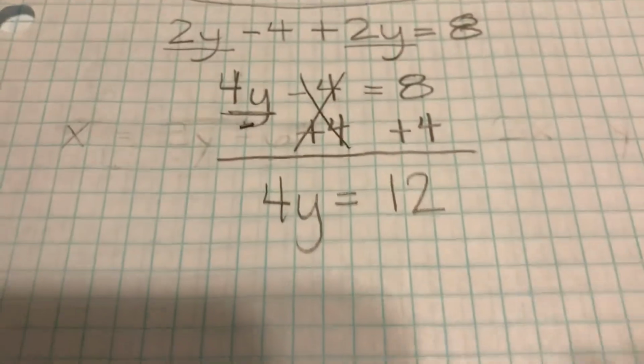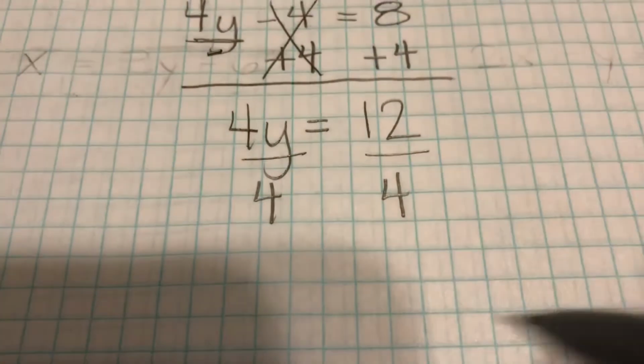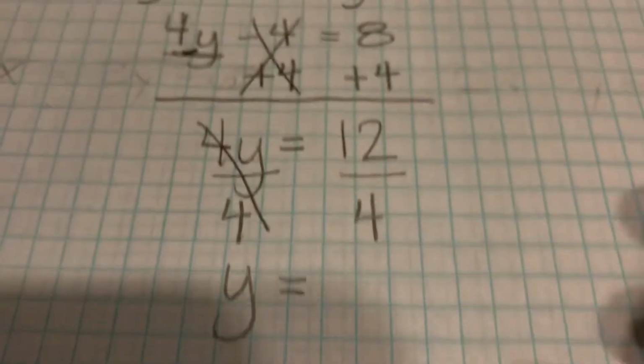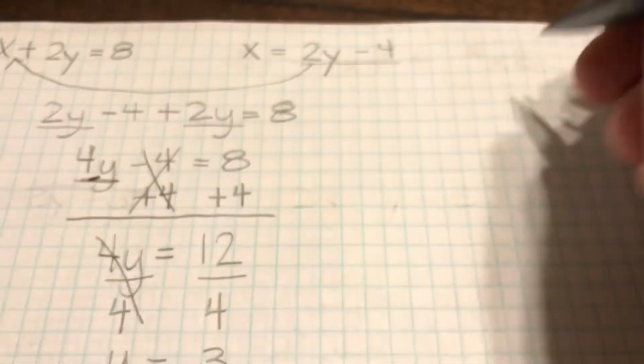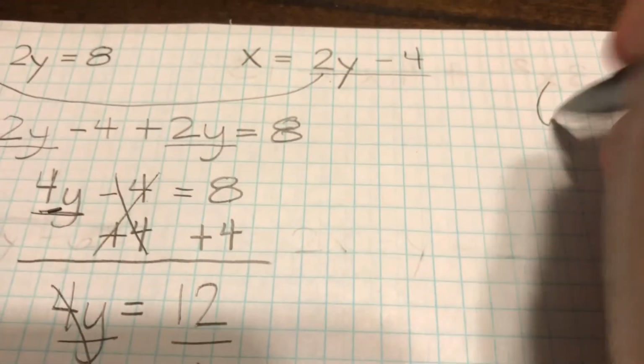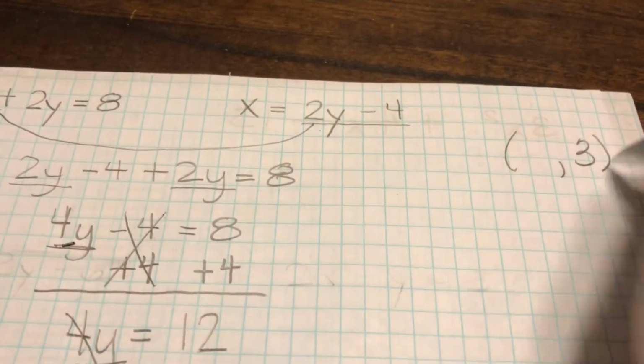Now I'm multiplying by 4, so I'm going to do the opposite, which is divide by 4, and I'm going to do it to both sides. I'm going to be left with y is equal to, and 12 divided by 4 is 3. So I know that the y value in my ordered pair that is a solution is 3.